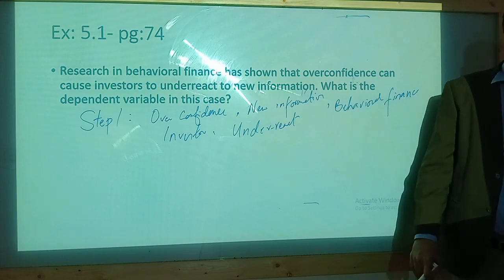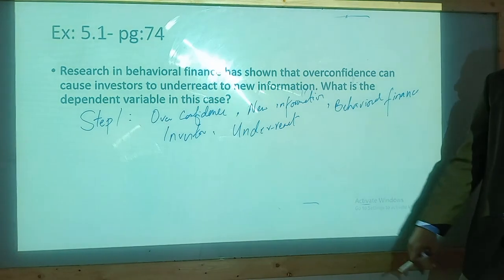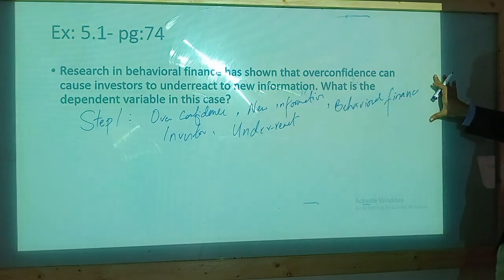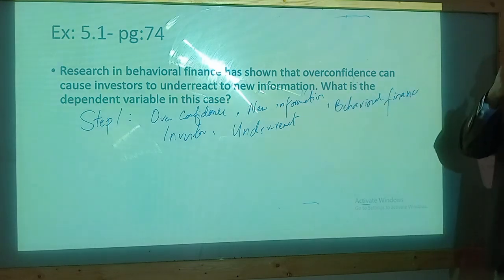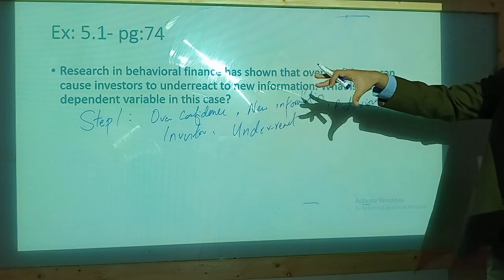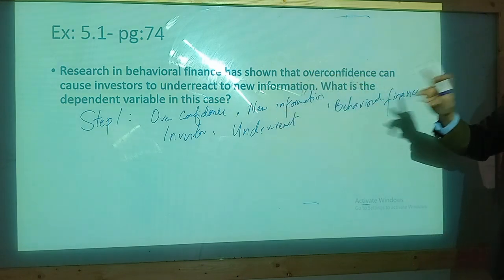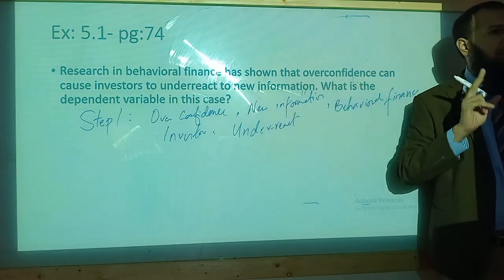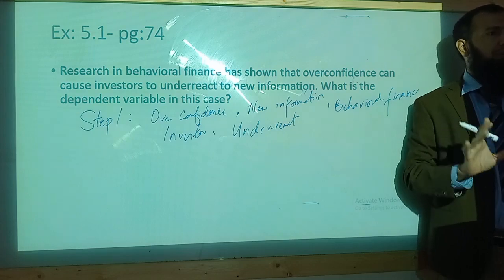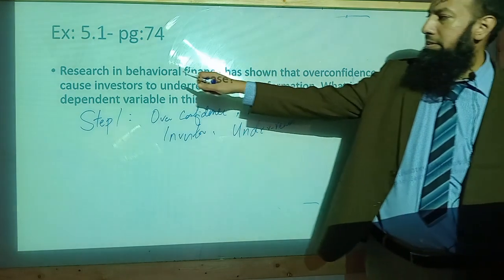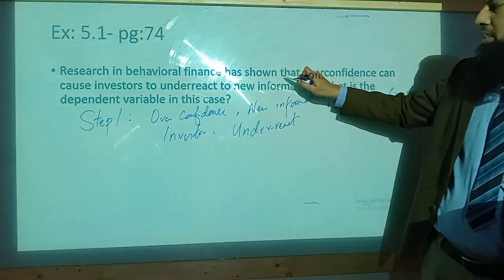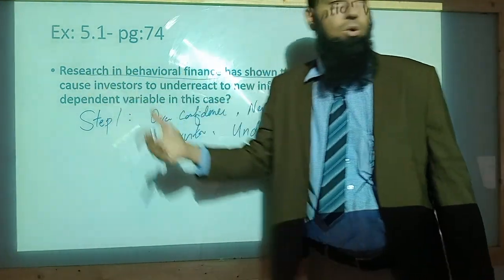It's a first try, so I appreciate that you have taken out many variables. Let's see whether they are correct or not. Research in behavioral finance has shown. So you see, even your scenario has not started.